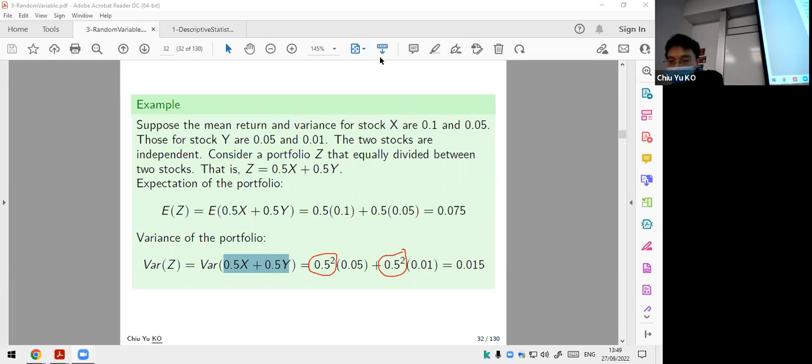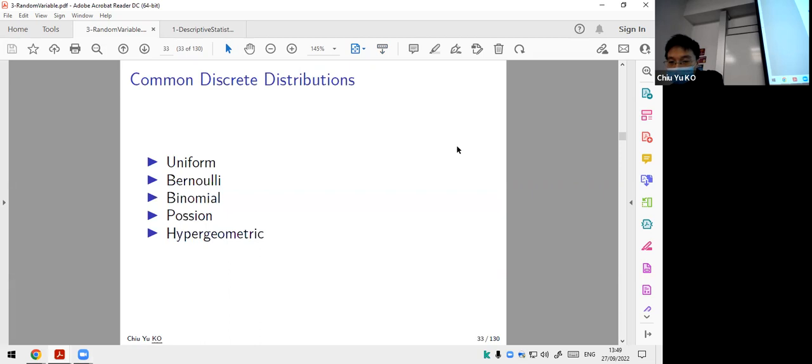So the rest of the class, I think we still have 10 to 25 minutes. Okay. So what we are going to go over is commonly used discrete random variables, and the things we go over, actually every one of them has applications.